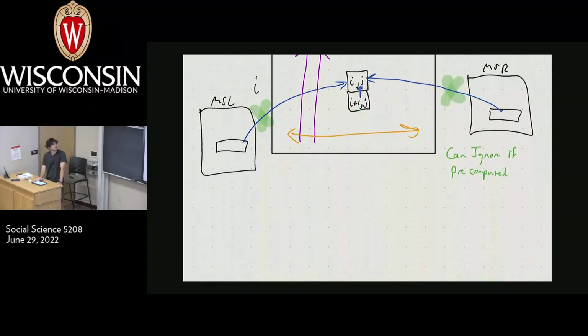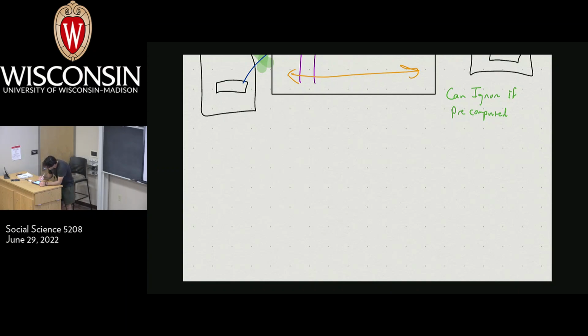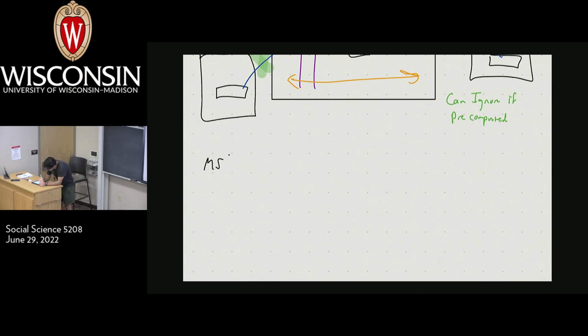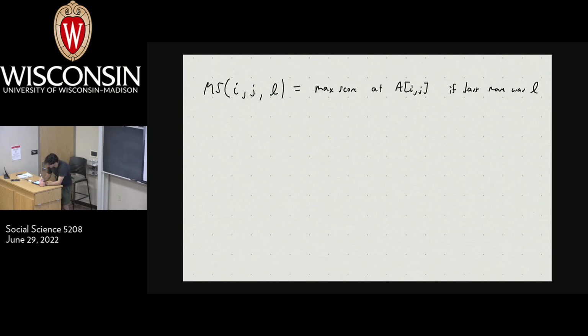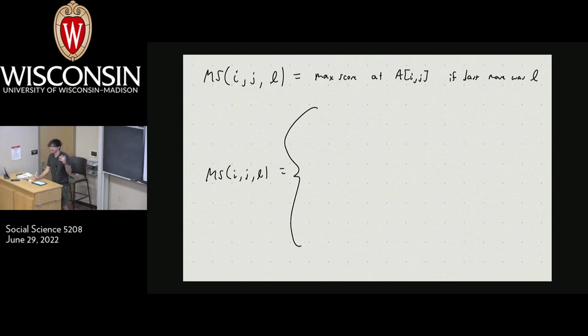So this is another way you could write this with just one function, which I do want to mention. So we could have ms, ij, and last move. So this is max score starting at aij if last move was L. So now we're just going to have if statements to do everything for us. So if the last move was down, we can do whatever we want.